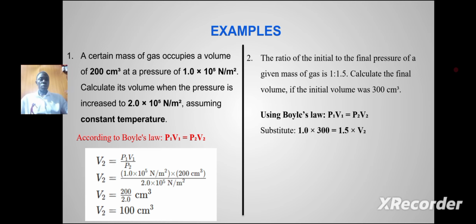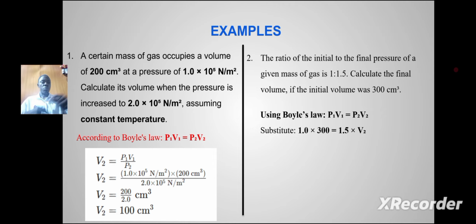Okay, let's move on to the second question. The second question says the ratio of the initial to the final pressure of a given mass of gas is 1 to 1.5. Calculate the final volume if the initial volume was 300 cm cube. Of course, using Boyle's law, P₁V₁ is equal to P₂V₂. If we take the initial pressure to be 1, it means the final pressure will be 1.5.